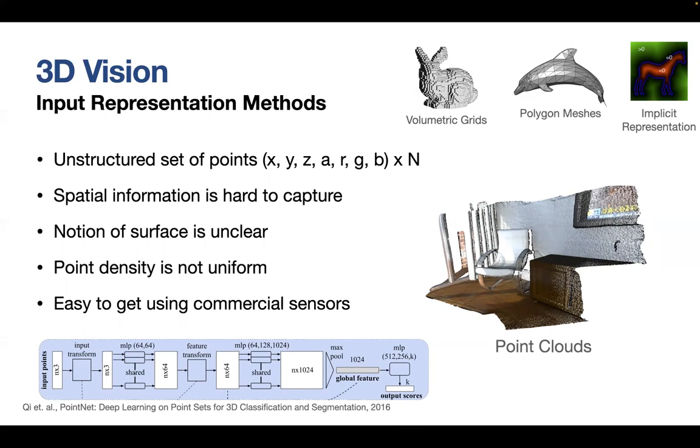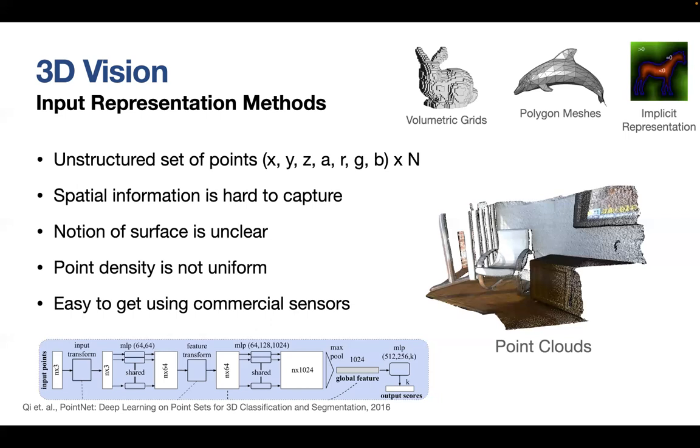Because it's an unstructured set, the spatial information is very hard to capture. For example, if we have an image, we know very easily what the neighboring pixels are. Go to this array and then move right or up or left, and you're going to land in the neighbor pixels.